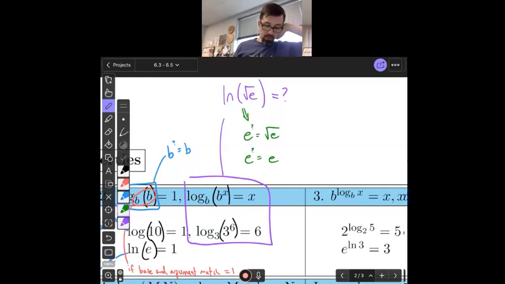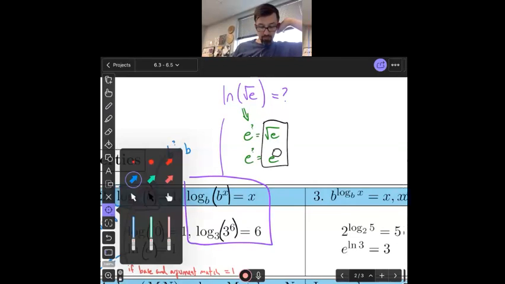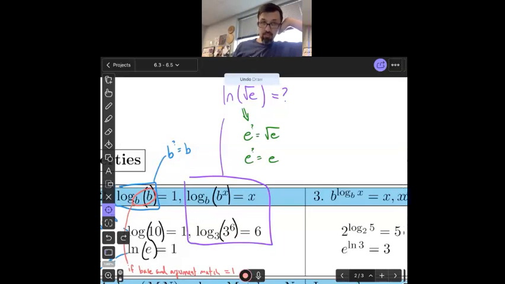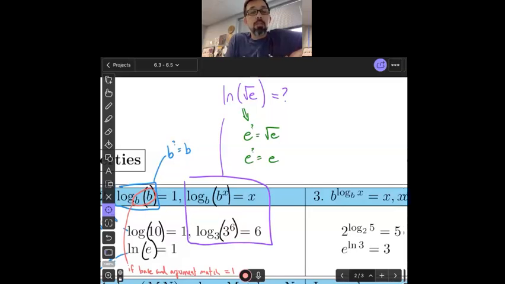What if I ask you this, Rhea? e to the what is the square root of e? It's a different way of saying that. e squared is the same thing as the square root of e? Yeah. Okay. It's a different way of saying the square root of e, guys. There you go, Caleb. e to the 1/2.